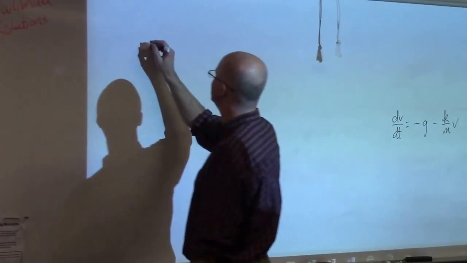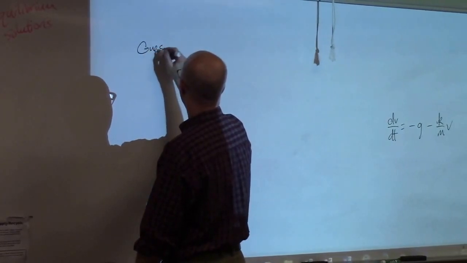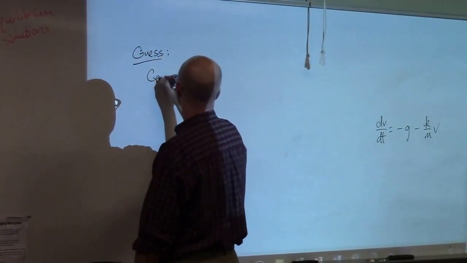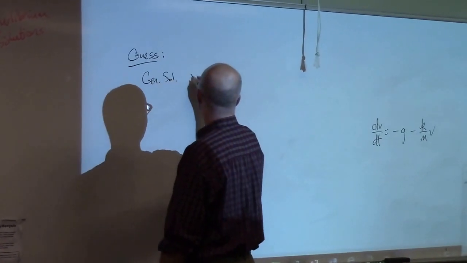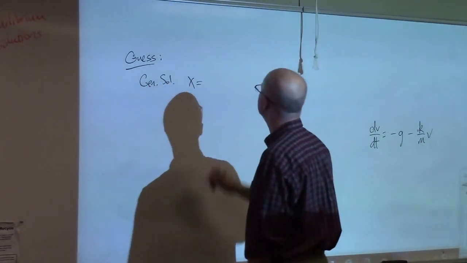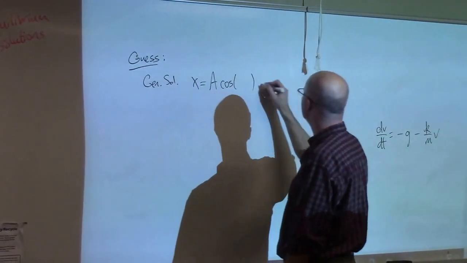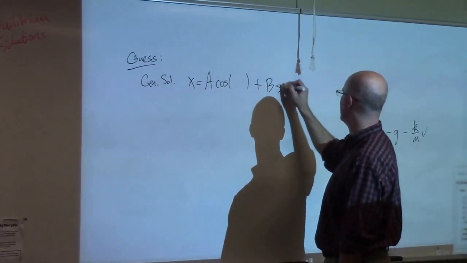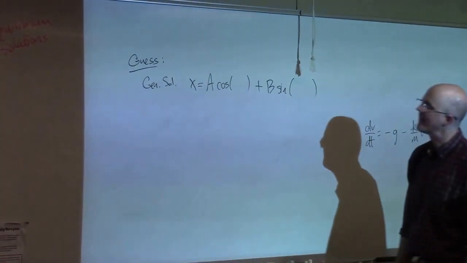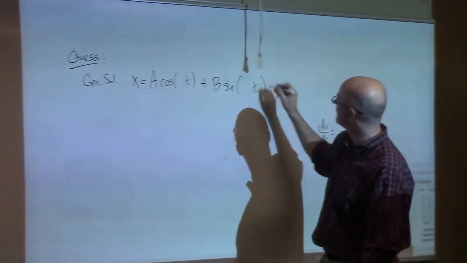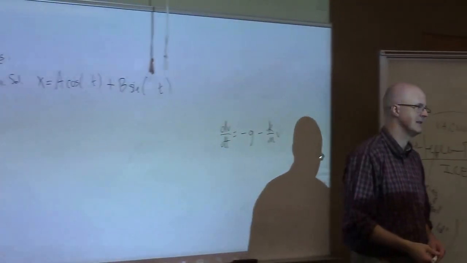We could guess an answer here, that the general solution, x as a function of t, is some constant a times cosine of something plus another constant b times sine of something. The something should involve a t in both cases, but what should go in front of the t?